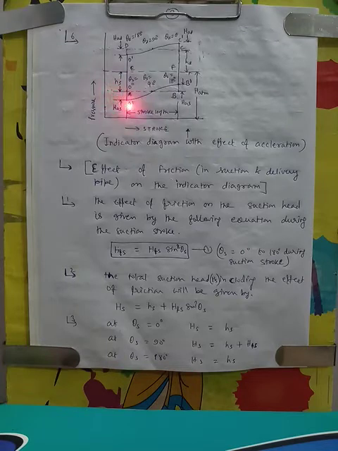But between these 3 points, what is the mode of variation of the graph? Cos. Because suction head depends on cos theta. So the graph will be a simple slight curve, a cosine curve like this.